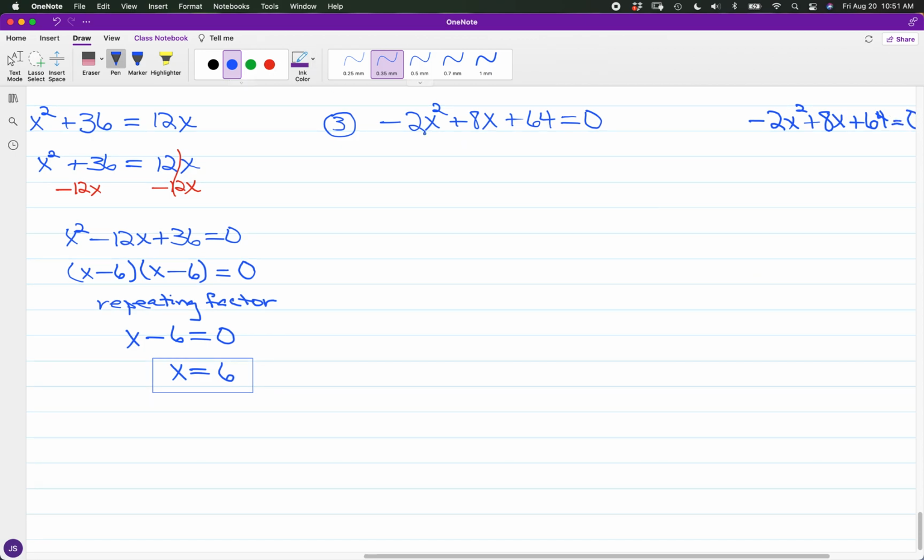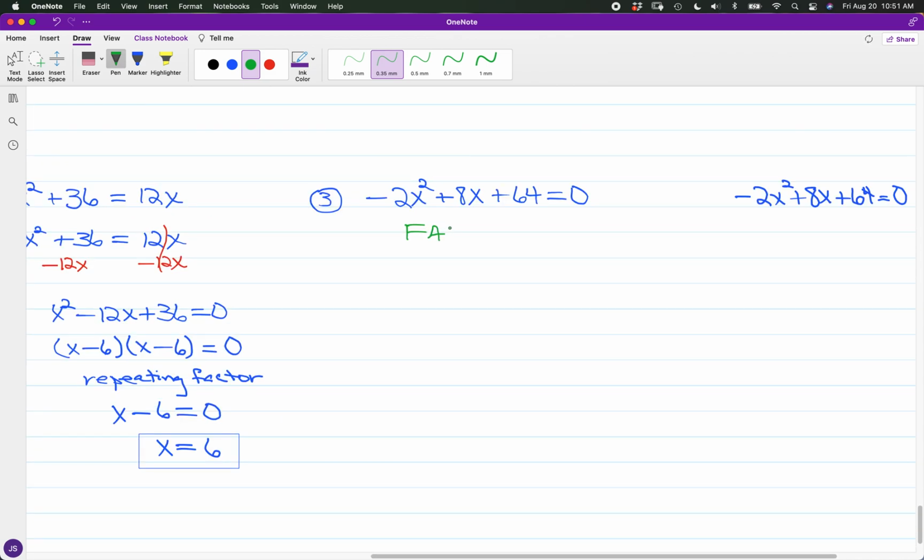Now one approach, if you look at rewriting the first term to be x squared, say we factor out negative 2, to get the first expression in line with just x squared. So you have negative 2 into negative 2x squared is going to be x squared. Negative 2 into positive 8x is a negative 4x. Negative 2 into 64 is a negative 32.